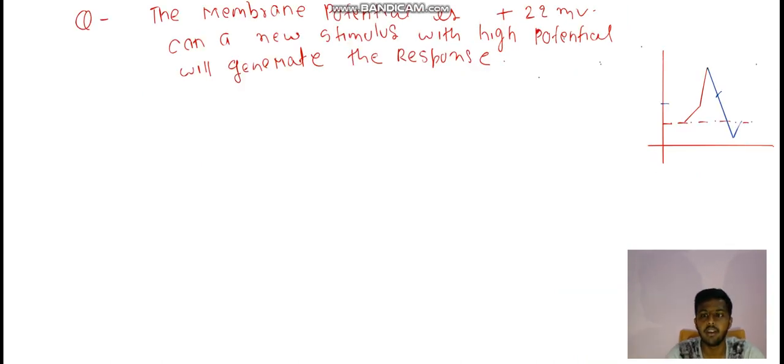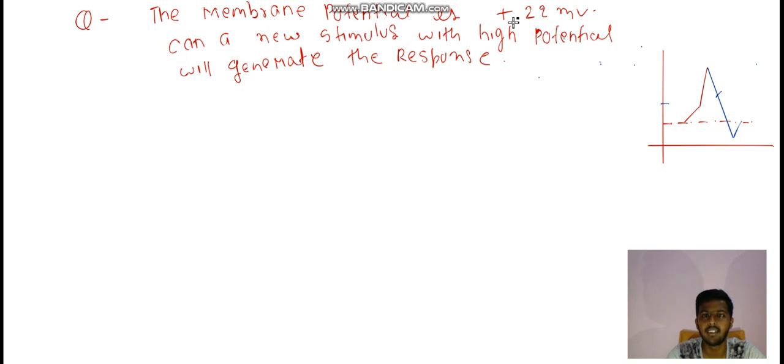Yeah, so we have a new question here. The membrane potential is plus 22 millivolt. Can a new stimulus with high potential generate a response? So can it produce one? What will the answer be, yes or no? It's no. Why is it no? Because this 22 millivolt is a period of depolarization.